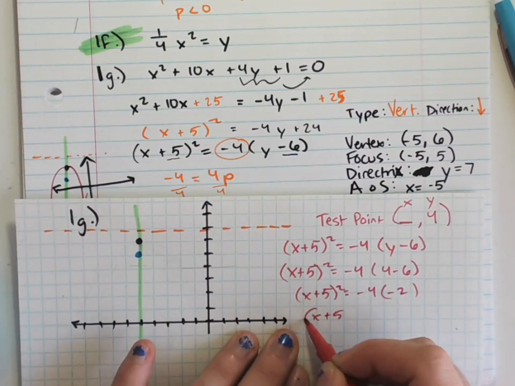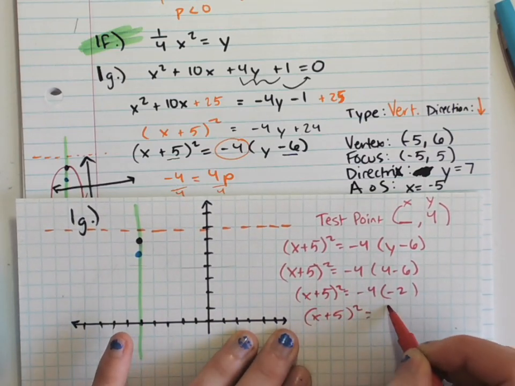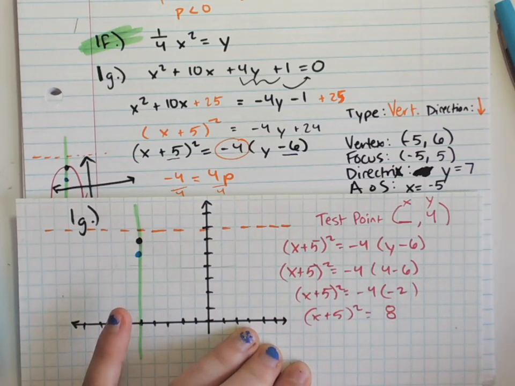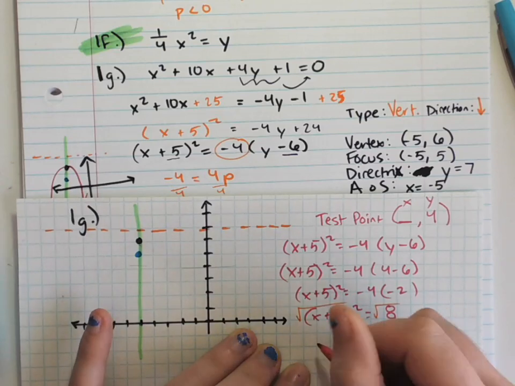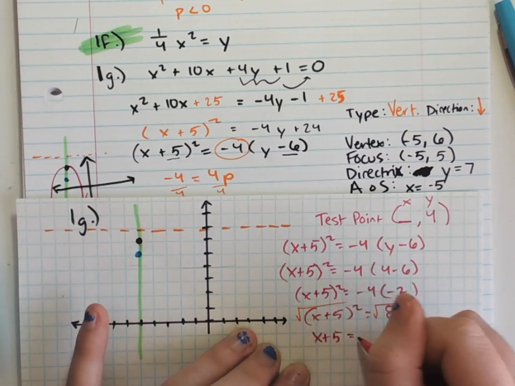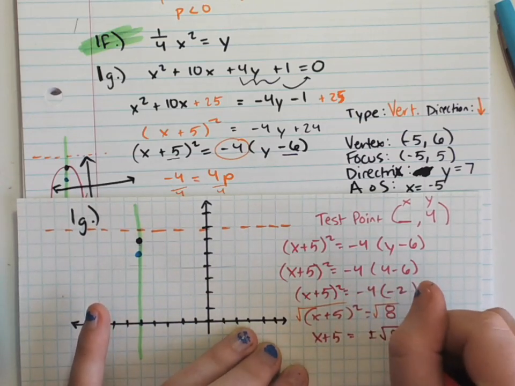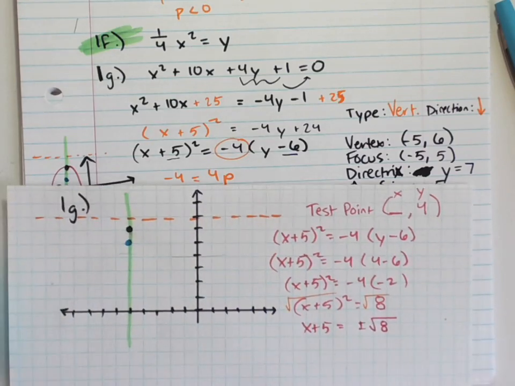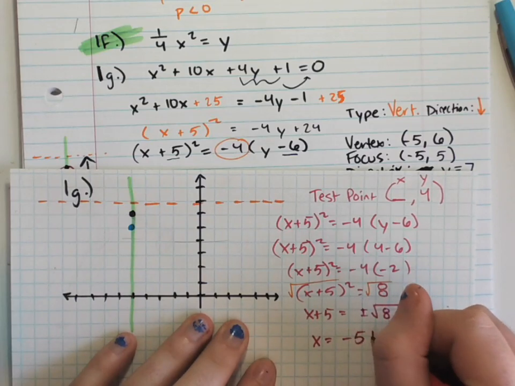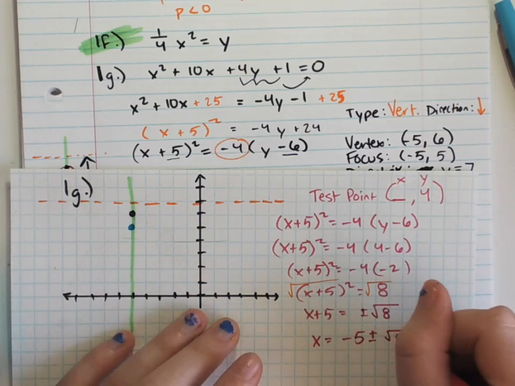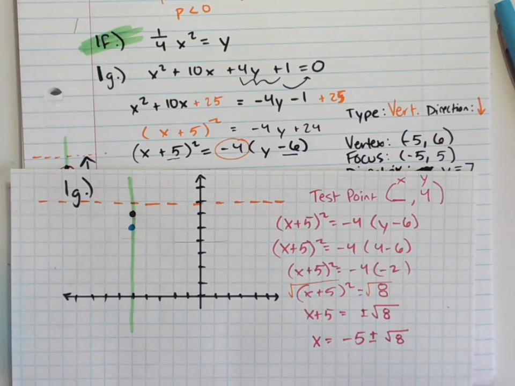X plus 5 squared equals, that becomes positive 8. I'll do the square root on both sides and get x plus 5 equals plus or minus square root of 8, whatever the heck that might be. And then I'm going to minus 5 on both sides. Now I'm going to go to my calculator and do this because I don't want to do that in my head. I don't think I'm even capable. I'm not that smart.